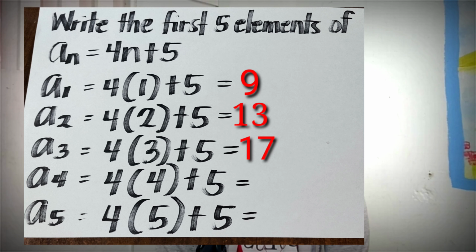Next, 4 times 4 plus 5 equals 4 times 4 is 16 plus 5 equals 21. And the last, 4 times 5 plus 5 is 4 times 5 equals 20 plus 5 equals 25. So the first 5 terms of the sequence are 9, 13, 17, 21, and 25.